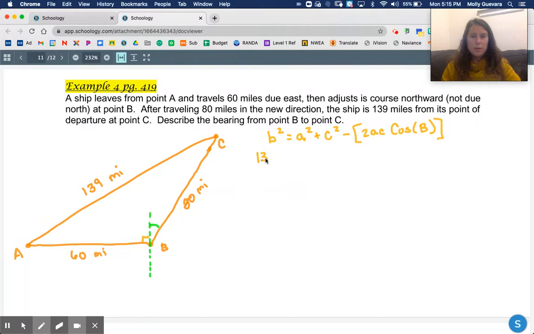So b squared is 139, so 139 squared is equal to 80 squared plus 60 squared minus 2 times 80 times 60 times cosine of B.